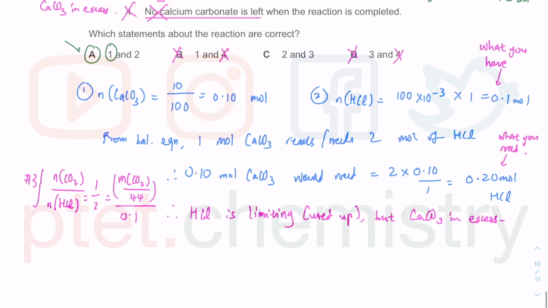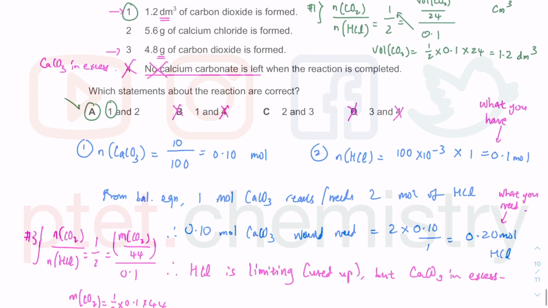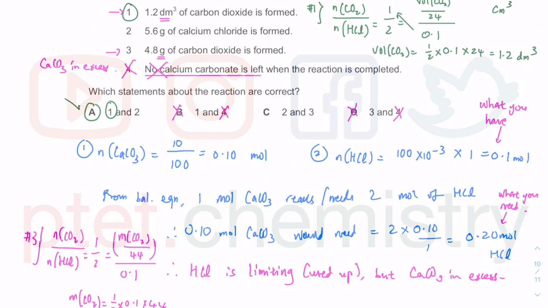So the mass of carbon dioxide is going to be half times 0.1 times 44. That gives me 2.2 gram, because this is the mass of carbon dioxide. If you look at option 3 there, option 3 definitely is wrong, because it should be 2.2 gram. C is wrong.